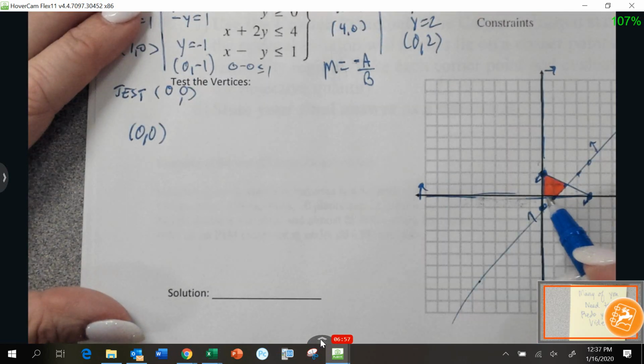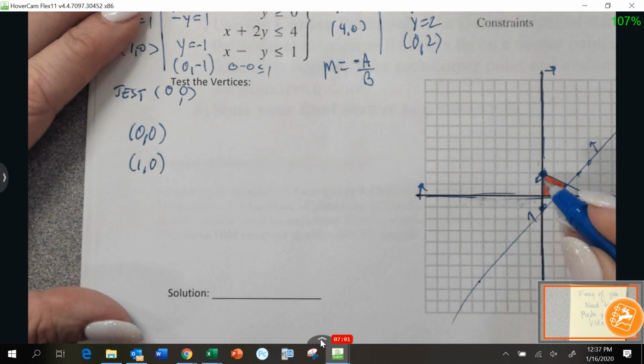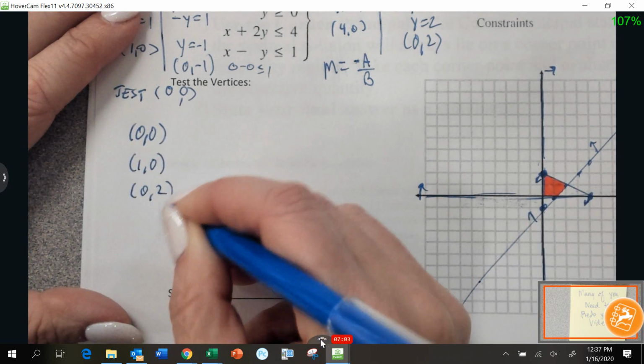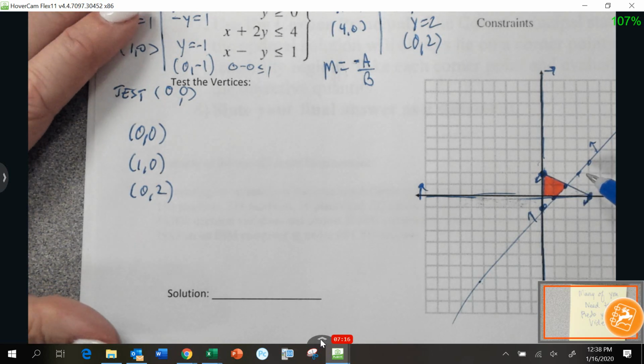Looks like 1, 0, 0, 2, and then this last one, because I was able to graph these lines and the slope all works out that there actually is a dot right here, I'm pretty positive that this one is 2, 1.